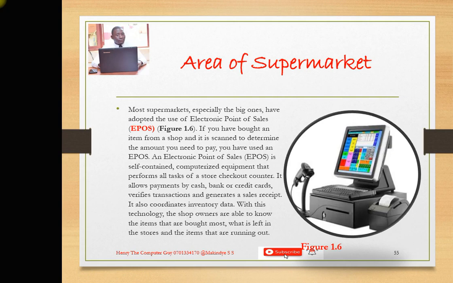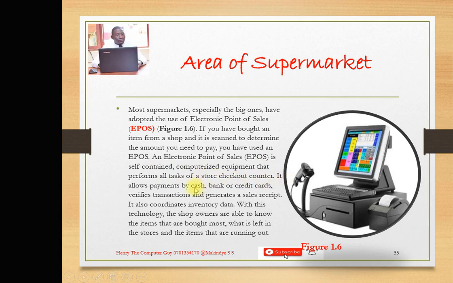So they are telling us that if you have bought an item from a shop and it is scanned to determine the amount you need to pay, you have used an electronic point of sales. An electronic point of sales is a self-contained, computerized equipment that performs all tasks of a store checkout counter.